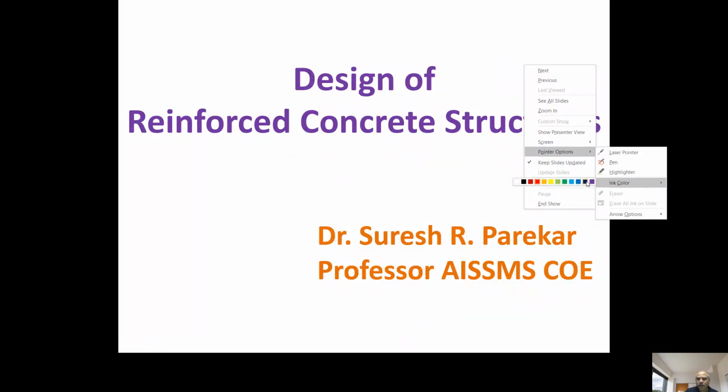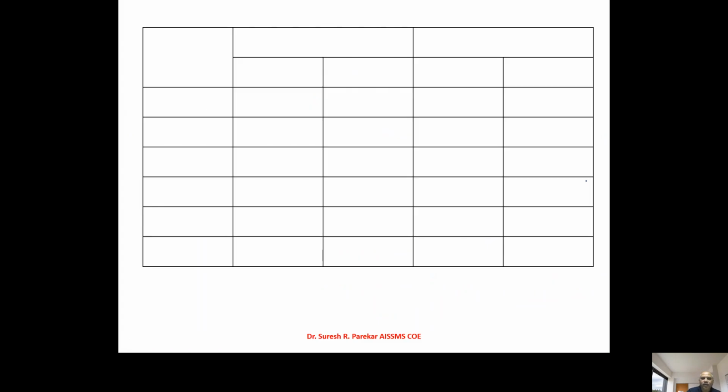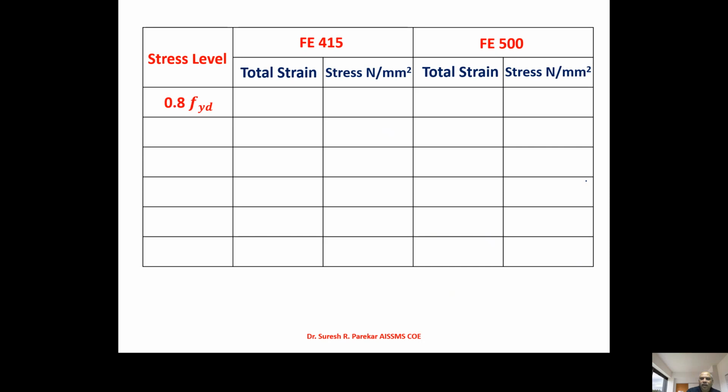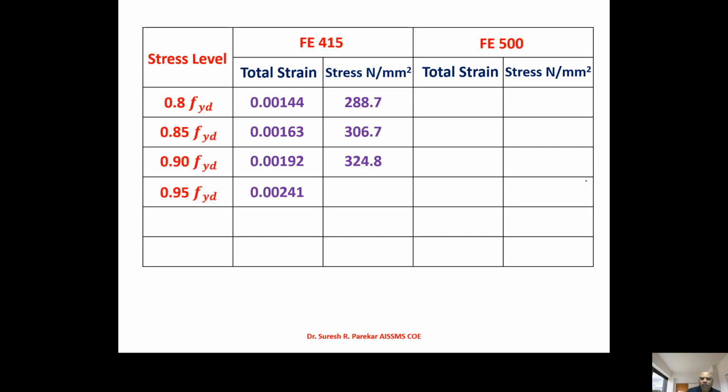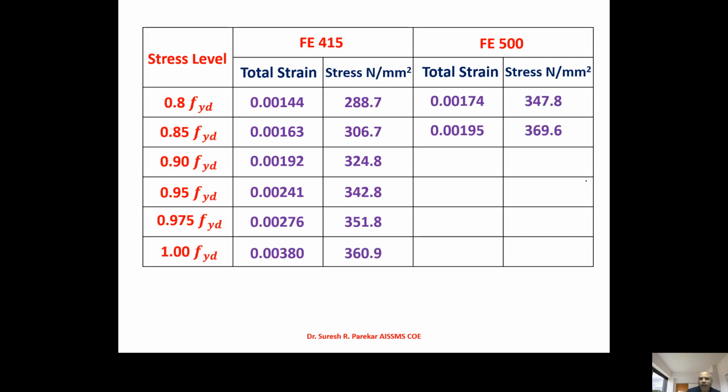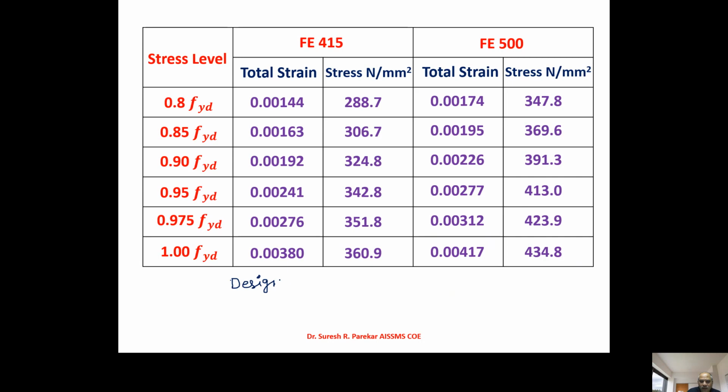Good evening. Today we will go for the design of the doubly reinforced section. Now in design, we have design of the beam for balanced section, because balanced section is the most economical section. So design always we have to go as balanced section, and here we do not have any trial.